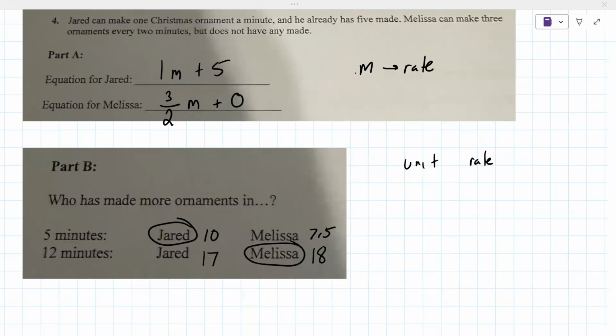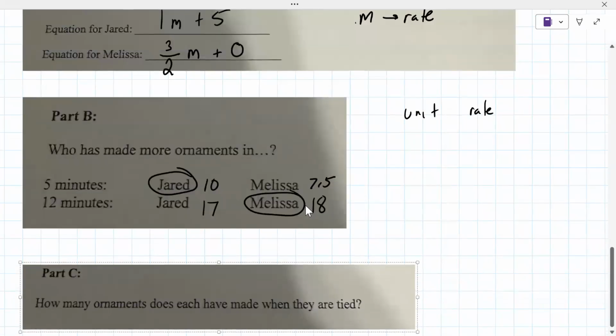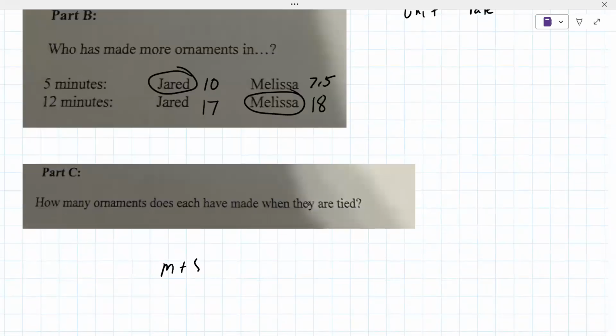Part C is asking you to set the equations equal to each other. Okay. So m plus 5 equals 3 halves m. Couple ways to solve this. I'll let you work that out, see if something stands out to you.